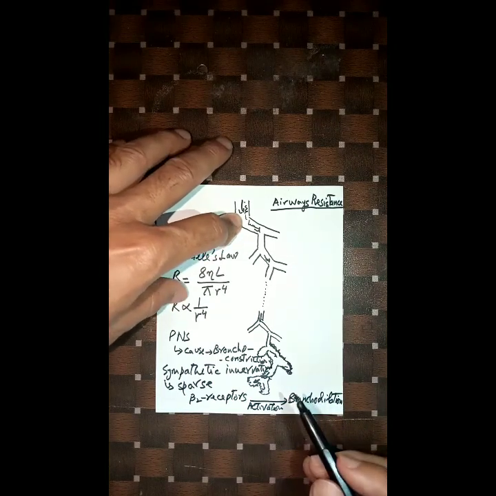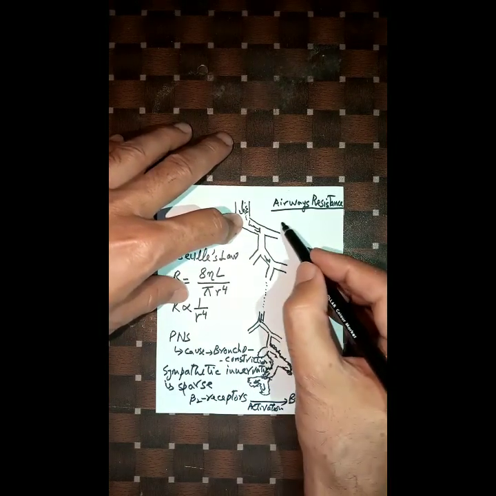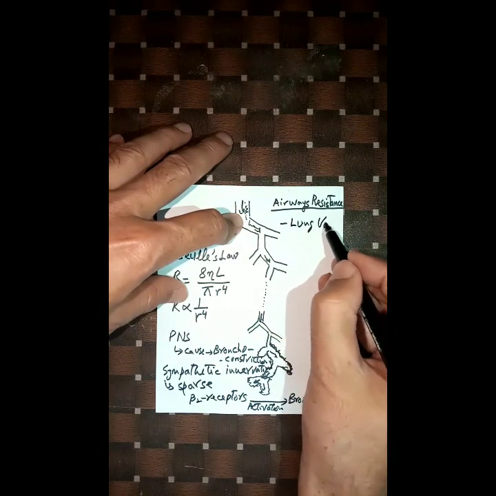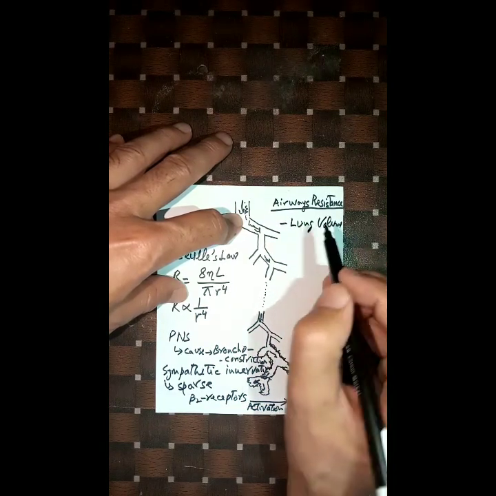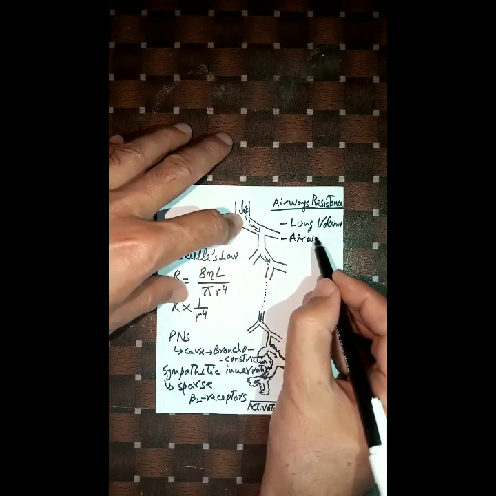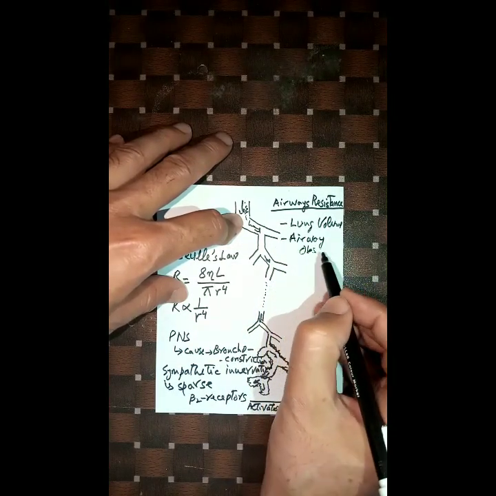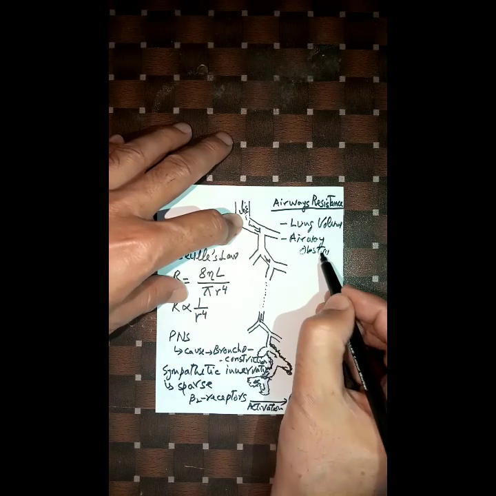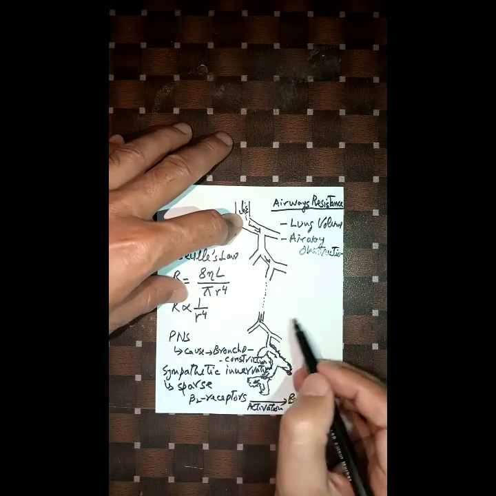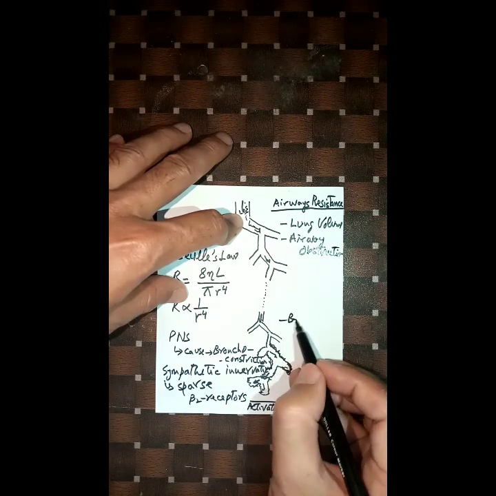The whole scenario of airway resistance revolves around three factors, that is lung volume, airways obstruction, and bronchial smooth muscle tone.